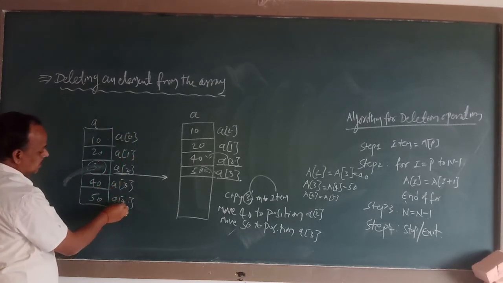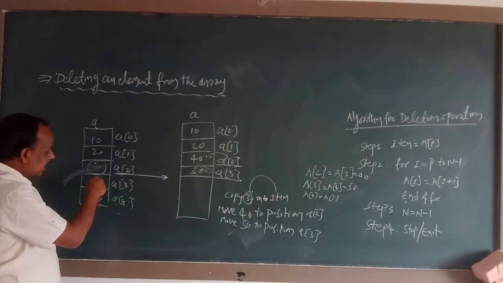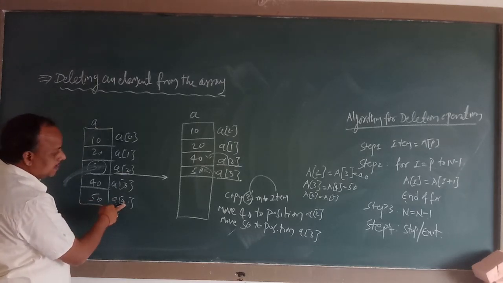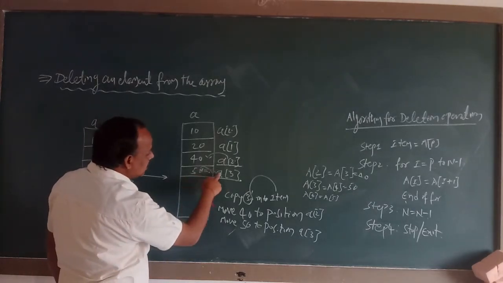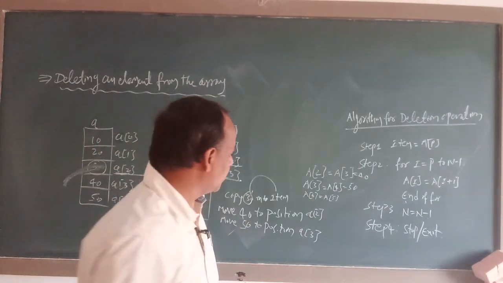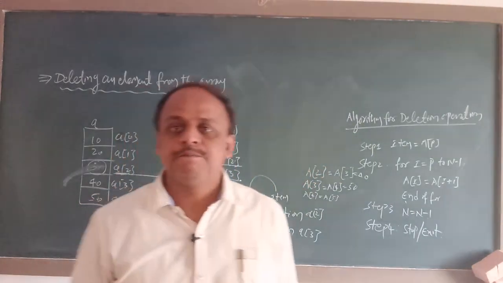After deletion array size is reduced, means last element is going to come in A of 3. Previously 50 is in A of 4; after deletion 50 comes in A of 3, that is array size is reduced. Therefore we have to take n equal to n minus 1, right?